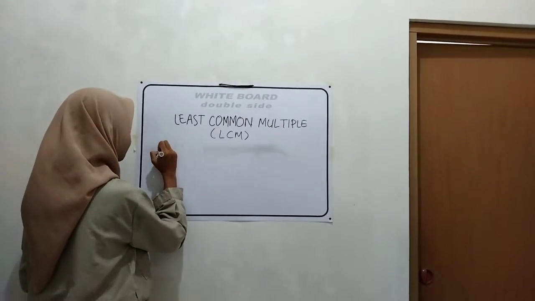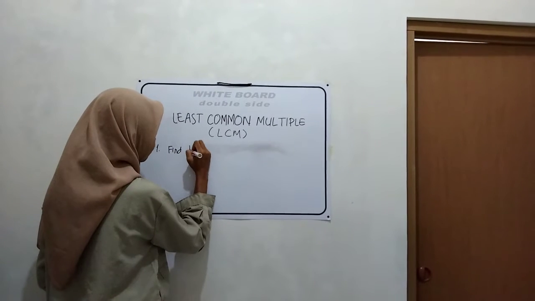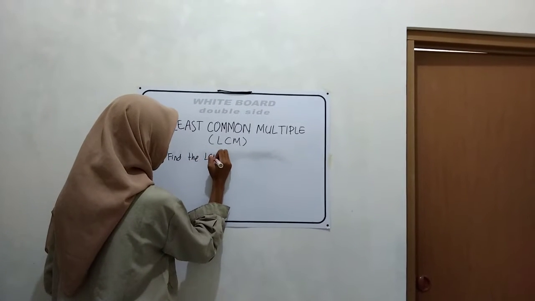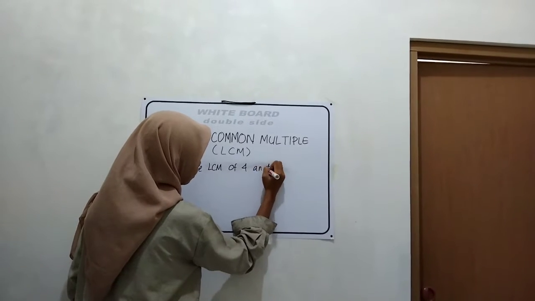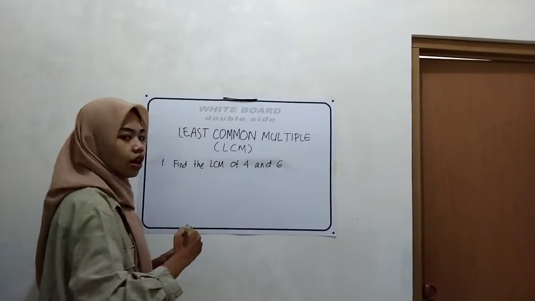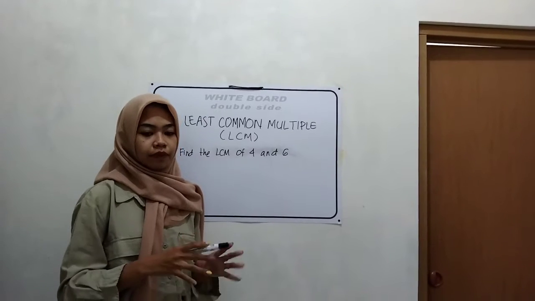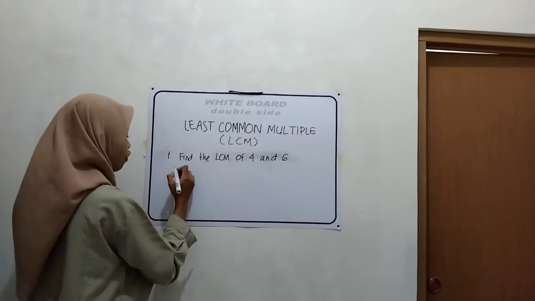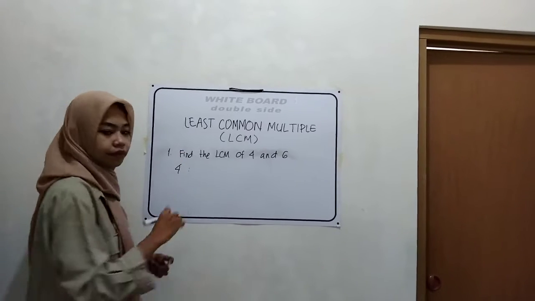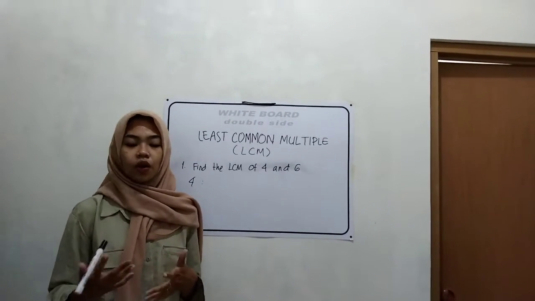First example: find the LCM of 4 and 6. We are going to do it by listing multiples. First step, what are the multiples of 4? Does anybody know? Not yet.